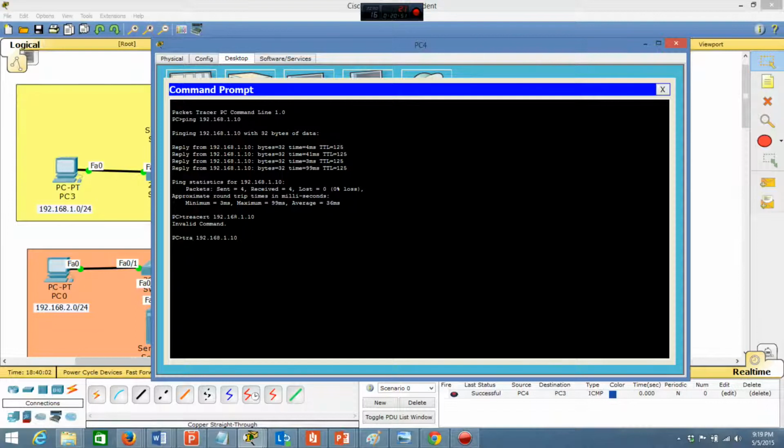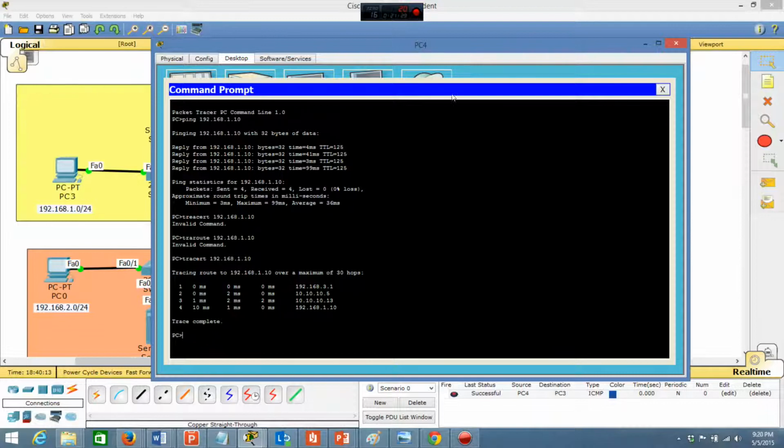So trace route will be... I'm forgetting this command, my goodness. So tracert, okay, let's do tracert. There you go. So as you can see, these are all the hops that we go through to reach 192.168.1.10.